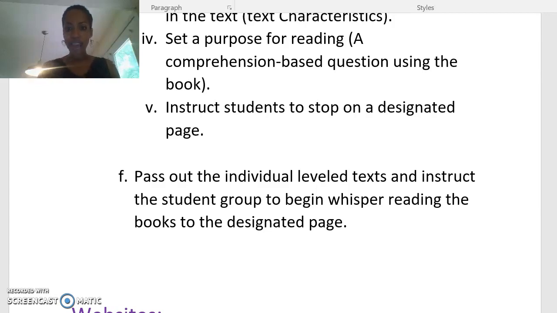So now they all have their individual books that are also within their interest level. At the beginning of the year, or when that group was formed, you want to find out verbally or maybe in writing their book interests or their interests in general. Is it science fiction? Do they love reading about animals? Do they love fairy tales and princesses?